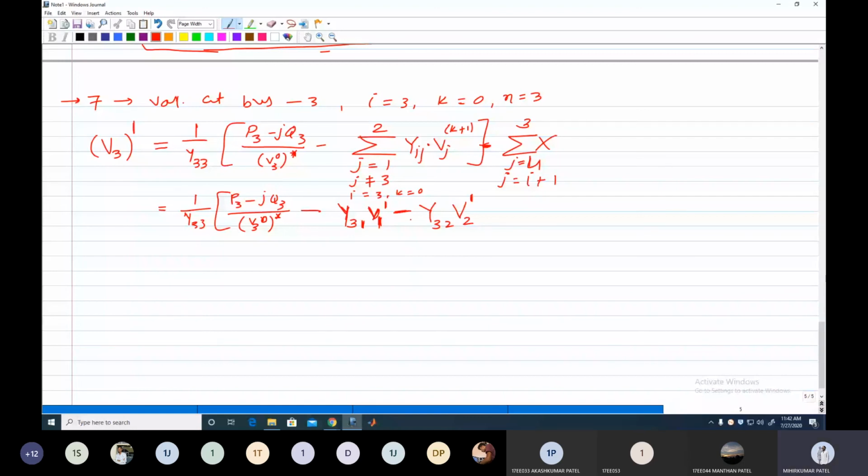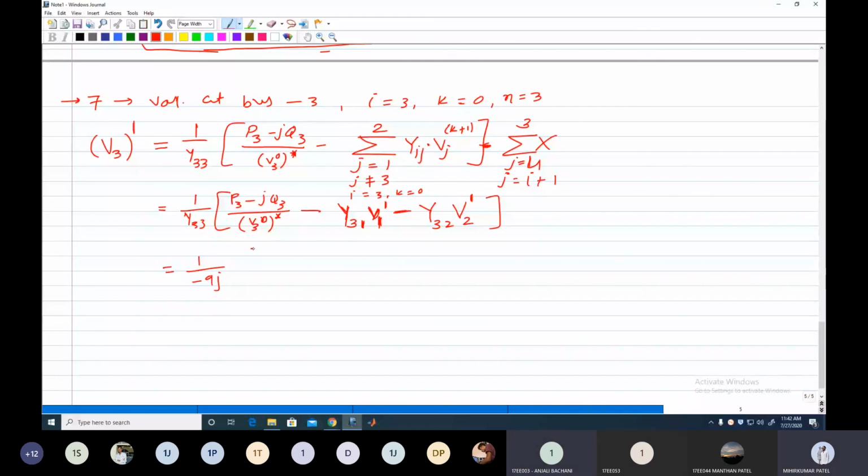Substitute the value. What is the value of Y33 from the bus admittance matrix, which you have previously derived in step number 1? Yes, Y33 is minus 9j.